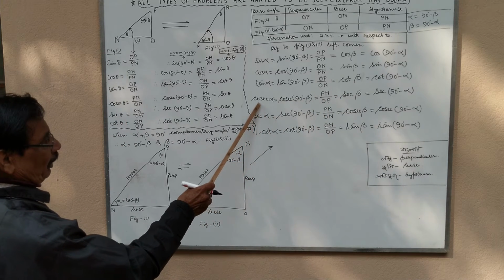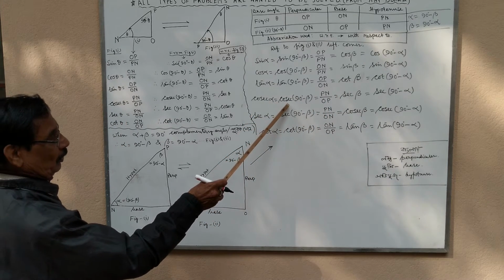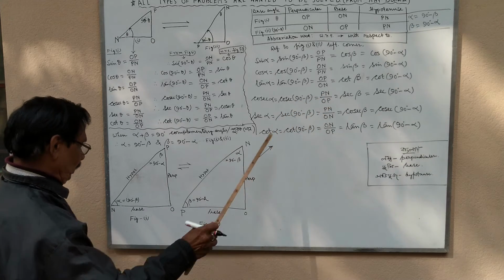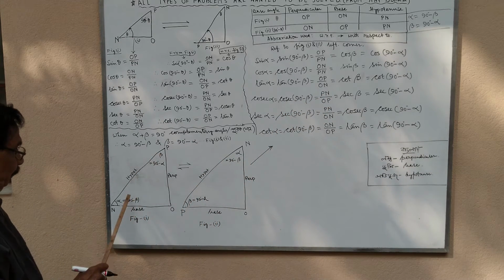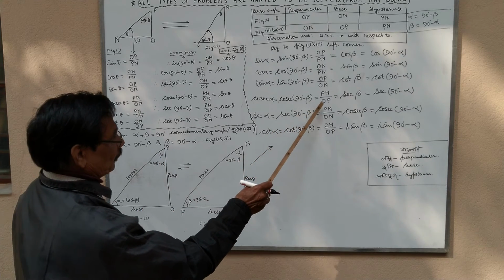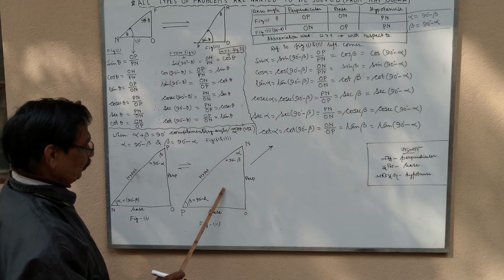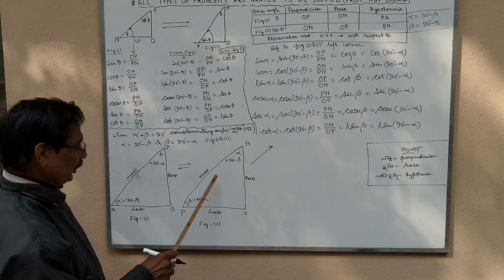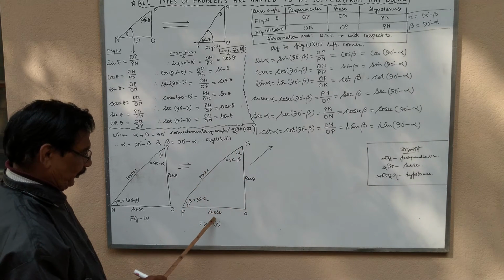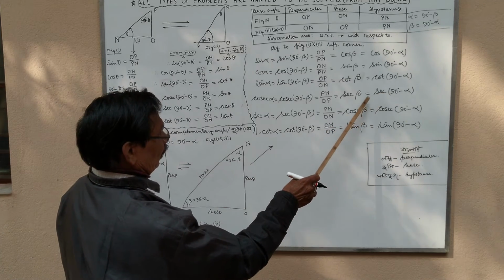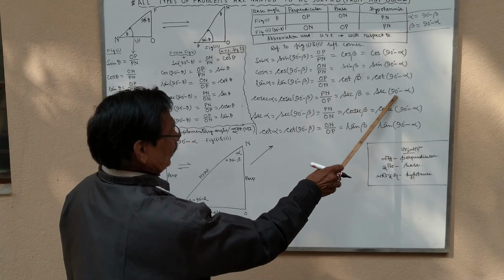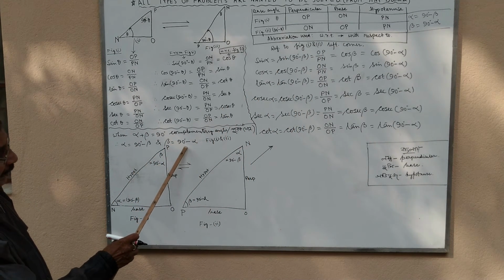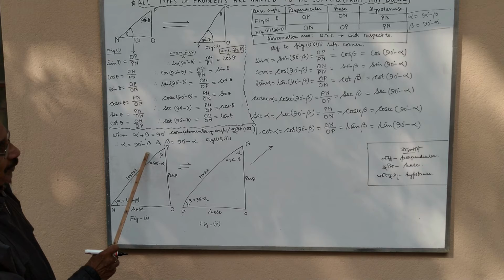And cosec alpha equals cosec 90 degree minus beta, that is PN by OP with the first figure. With the second figure PN by OP is hypotenuse by base, that is sec beta. Beta means 90 degree minus alpha, alpha means 90 degree minus beta.